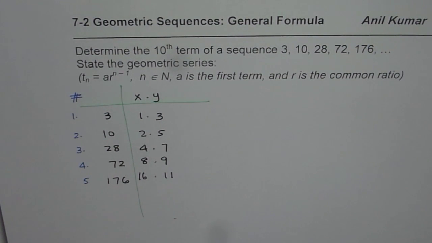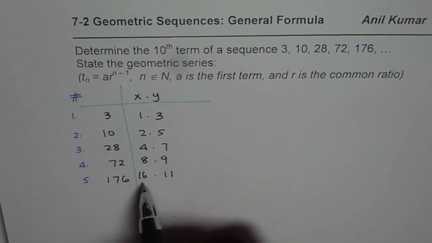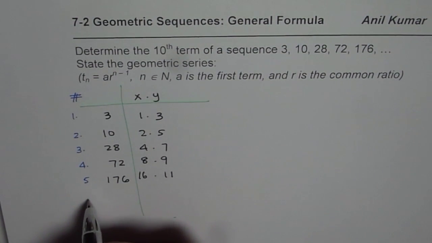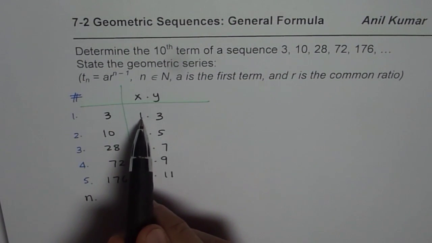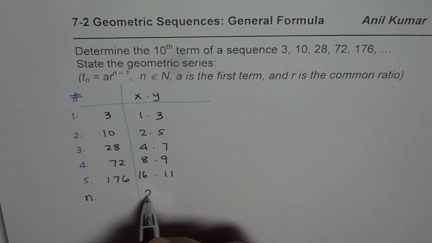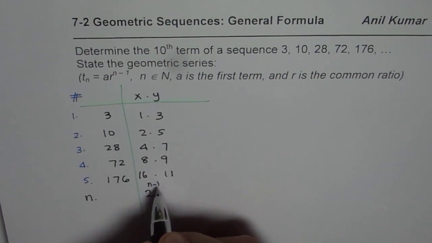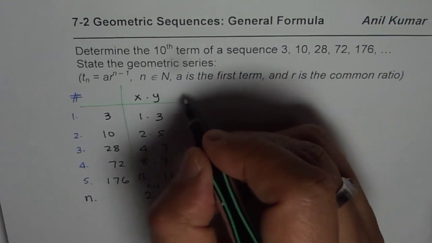Now looking at this pattern, you can figure out what these two factors, x and y, are. In general, what we notice is that these are powers of 2. So if I have the nth term, what should be my formula? This is 2 to the power of 0, 1 less than 1, then 2 to the power of 1. So let me write it once again.